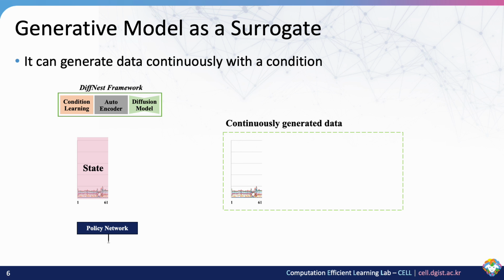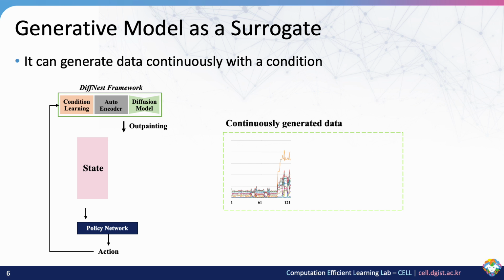As shown in the figure, each newly generated segment is conditioned on both the preceding output and condition components. This sequential process allows the model to produce data in a step-by-step fashion, effectively painting beyond its initial output.